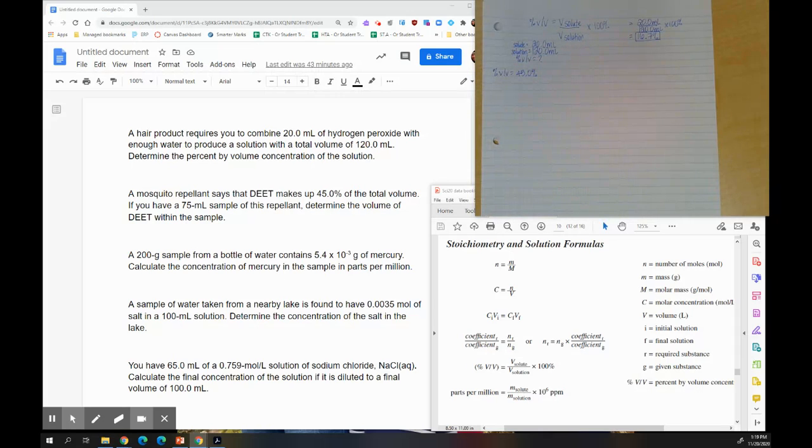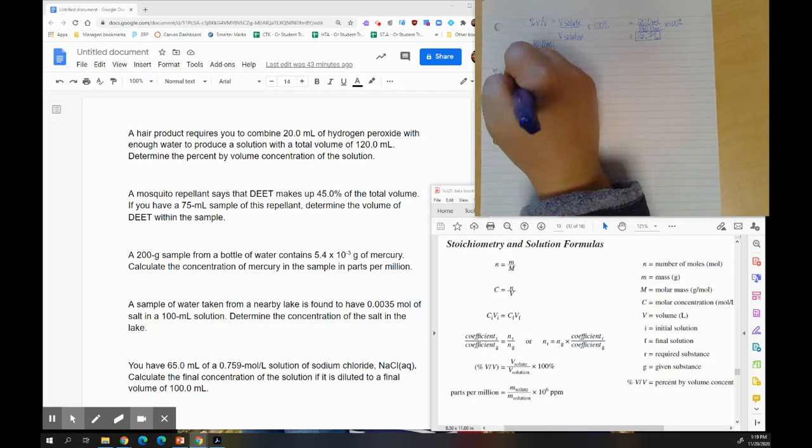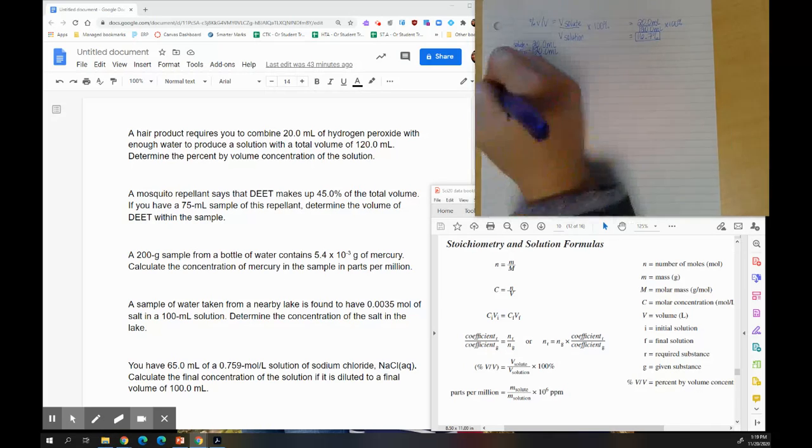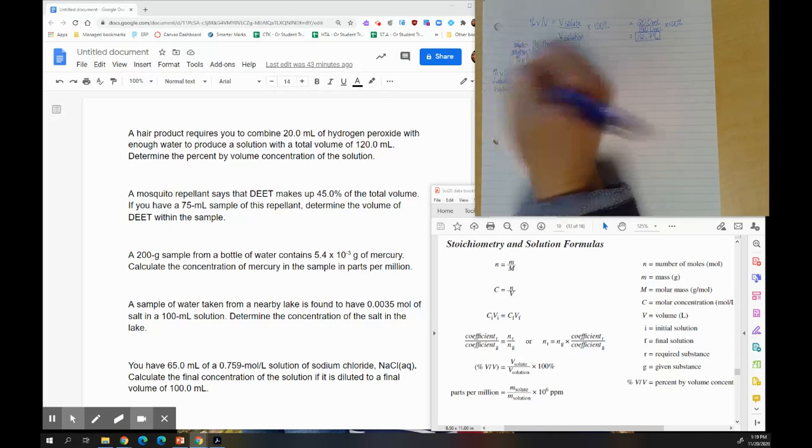It says that I have a 75 milliliter sample of the repellent, so that's the total solution. And I need to determine the volume of DEET, so I'm looking for my volume of solute, because the DEET has been dissolved in the solution itself.